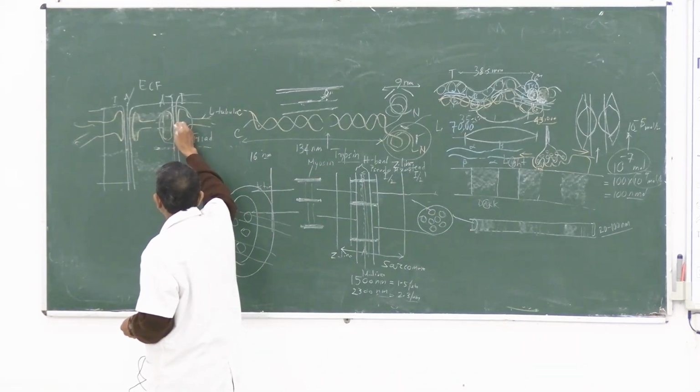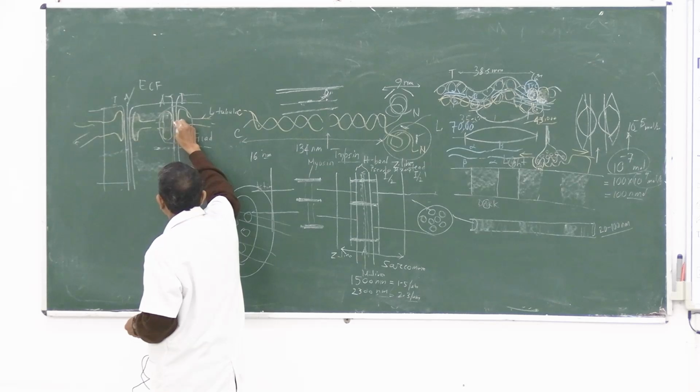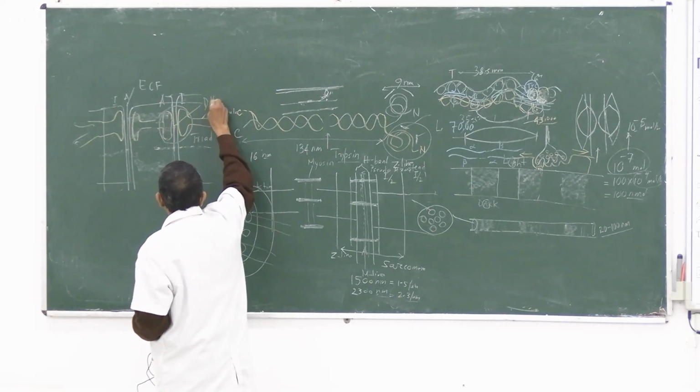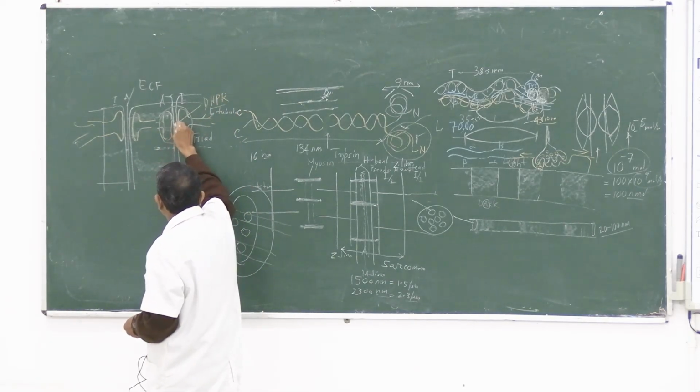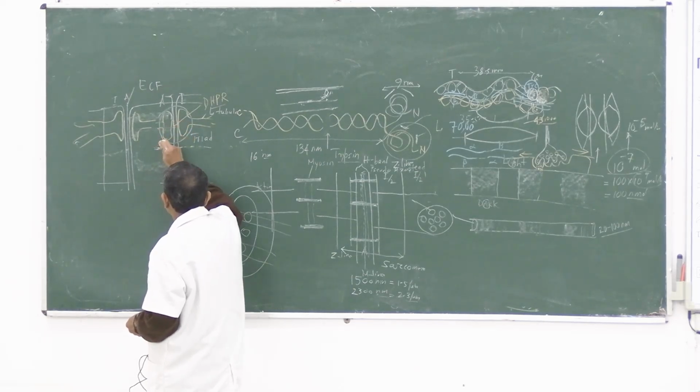And there is activation of two types of receptor here. In this case, voltage gated DHPR, dihydropyridine receptors, voltage gated slow calcium channel receptors. Some calcium channel can enter and may have function, but within the skeletal muscle it is not required.